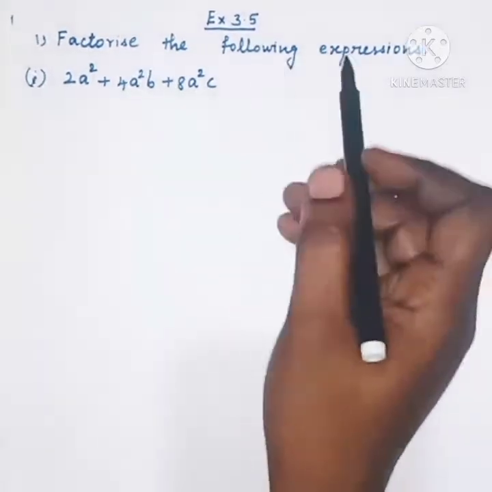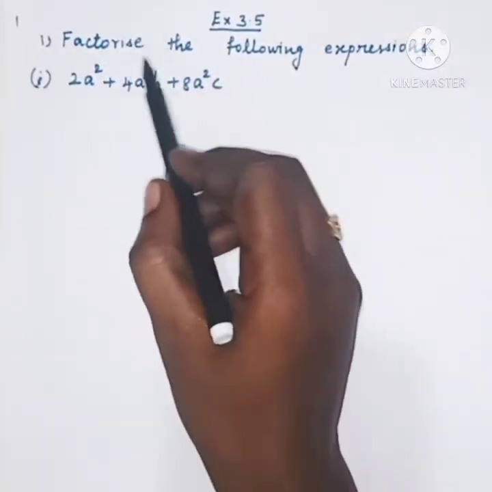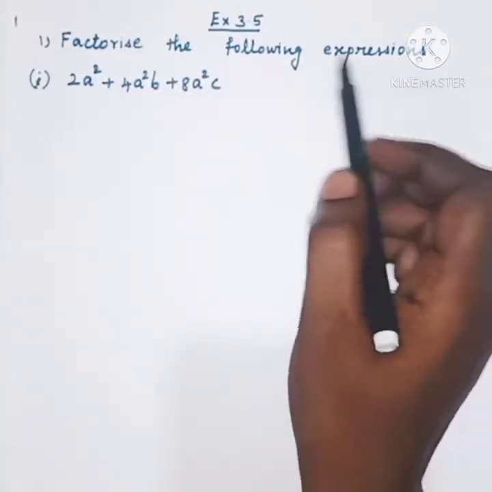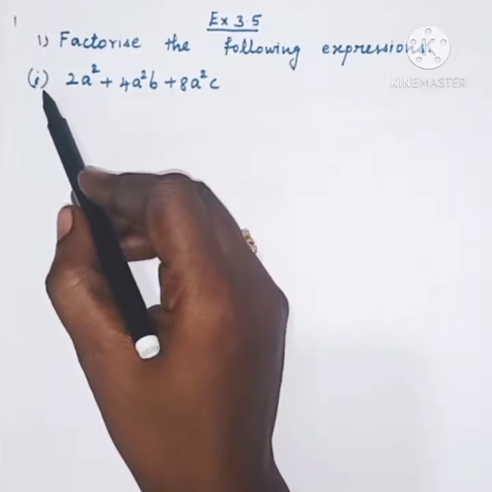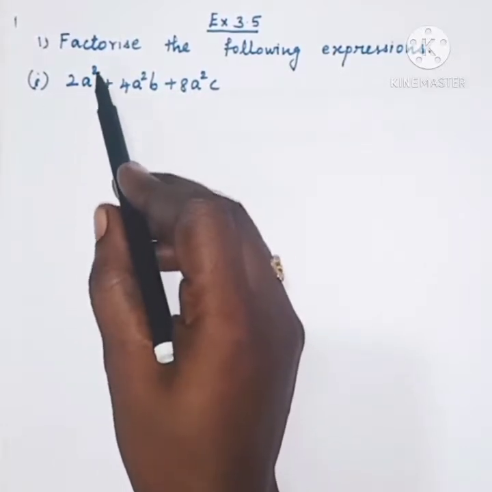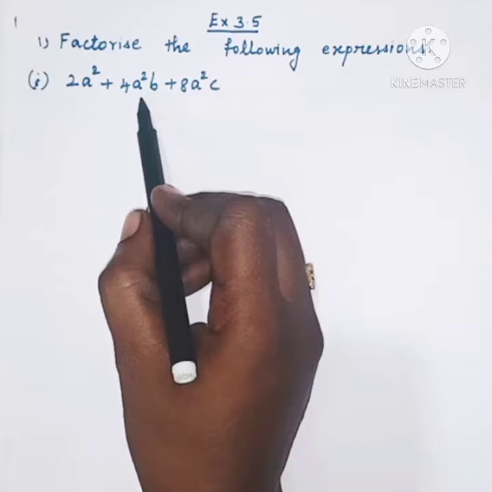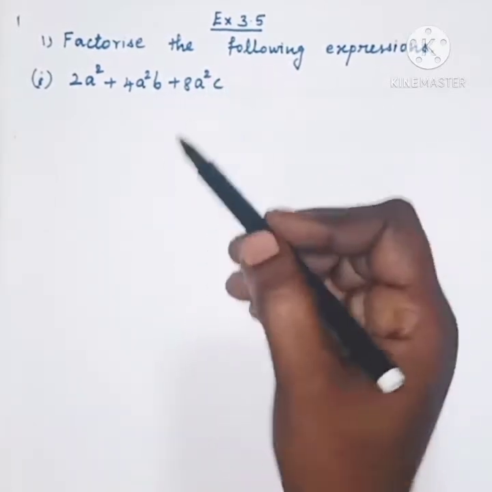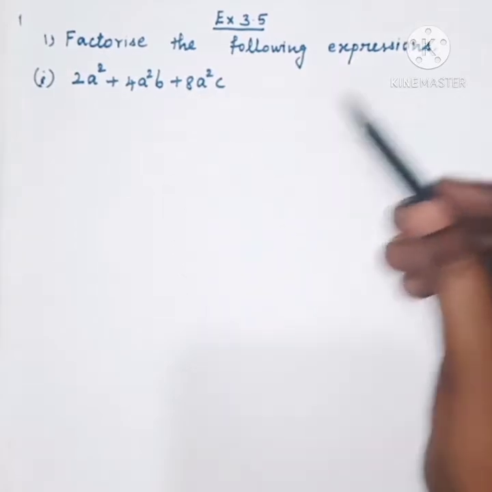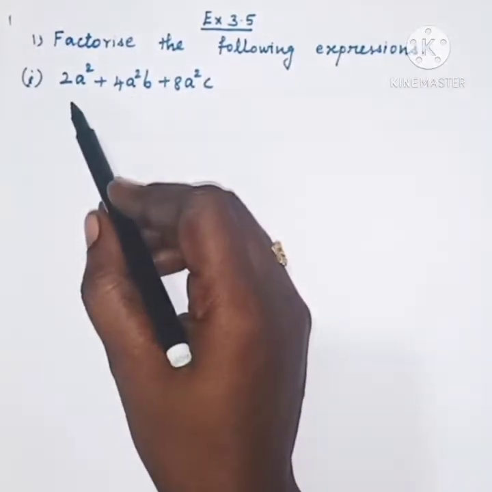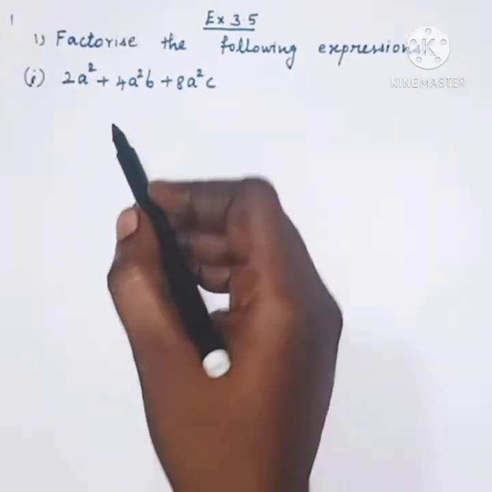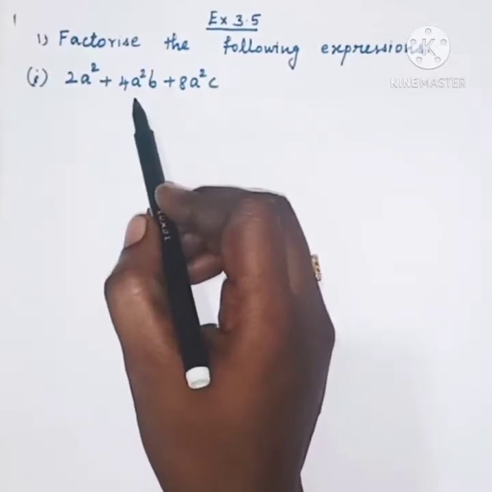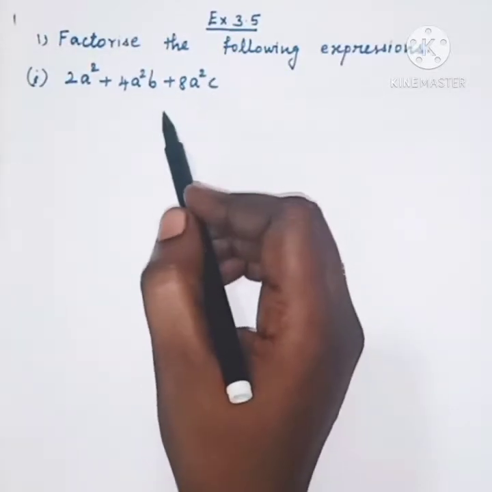Exercise 3.5, first sum. Factorize the following expressions. The first subdivision is 2a square plus 4a square b plus 8a square c. Now we have to factorize this expression. In this expression, how many terms are there?